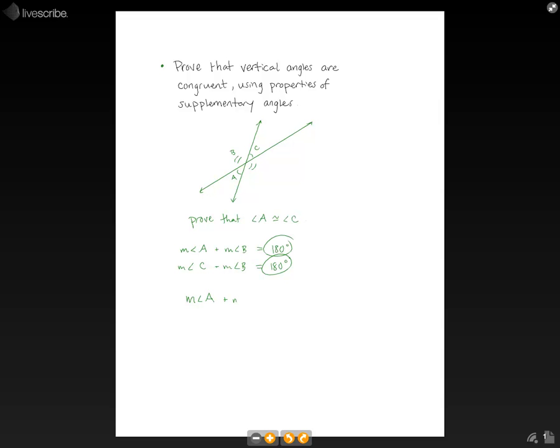So measure of angle A plus measure of angle B equals measure of angle C plus measure of angle B. And then, since the measure of angle B should be the same in both cases, we're going to cancel those out, subtract that from both sides, and we are left with measure of angle A equals the measure of angle C, and this is the same as saying angle A is congruent to angle C, and that's what we wanted to show. Vertical angles are congruent.